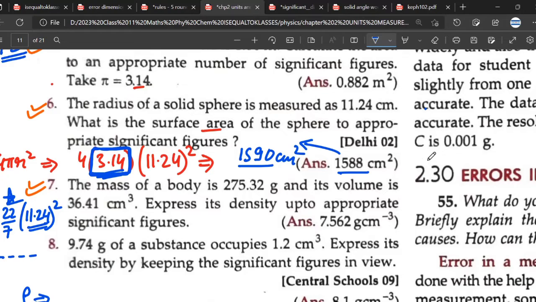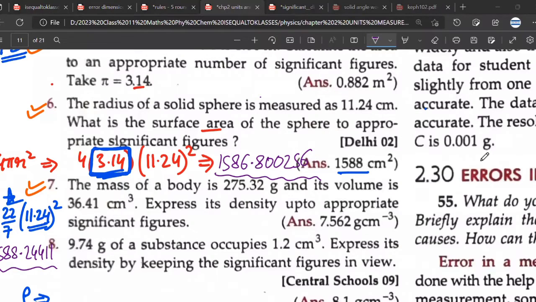So 4 into, we will calculate the answer using both the methods. So let us calculate using both the methods. So when I calculate using calculator, this is the answer that I'm getting. So if I take the value of pi to be 3.14, then as per the calculator, this is the answer that I'm getting. Now, because my number of significant digits are limited because of 3.14, so only 3 significant digits.